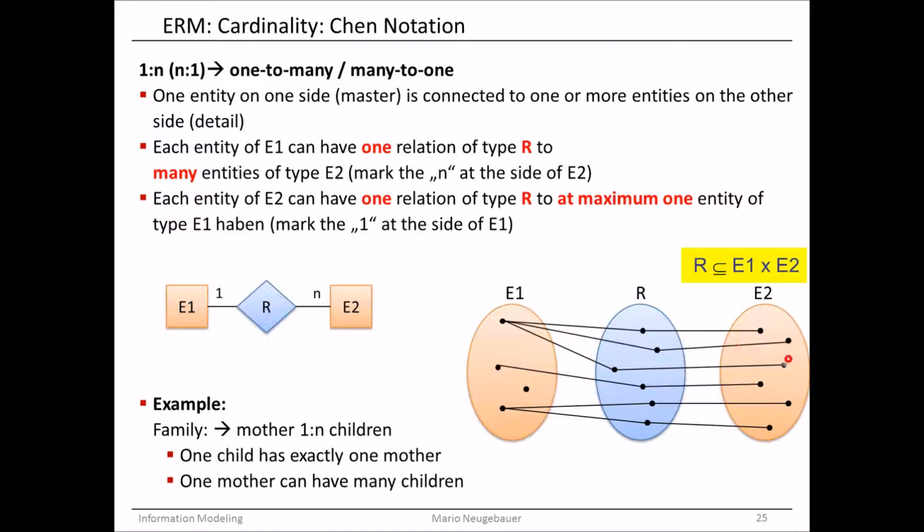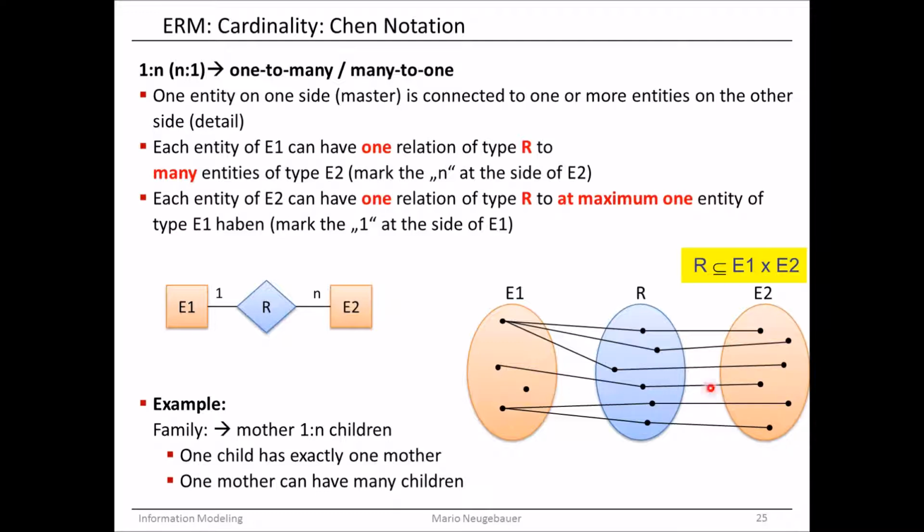And the third in E2 also has only one connection to an element in the set of entities E1. So in direction from left to right, you have many connections possible. And in the connections from right to left, you have only one connection which is allowed.